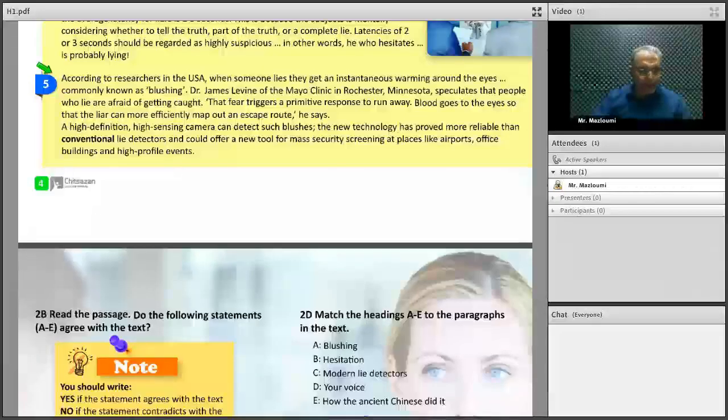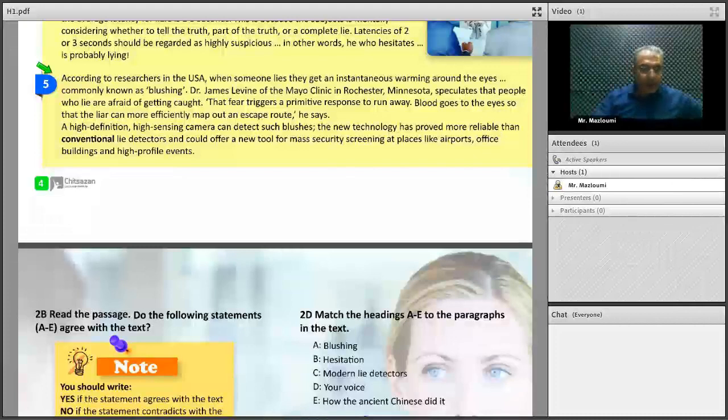Well, number 5. According to researchers in the US, when someone lies, they get an instantaneous warming around the eyes, commonly known as blushing.